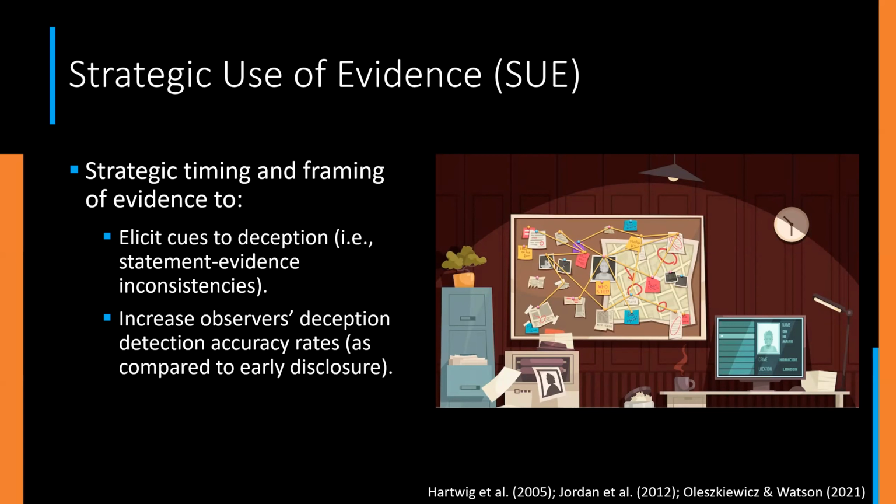So how is the interrogator disclosing evidence to the interviewee? And the idea of SU is to elicit cues to deception, and specifically statement evidence inconsistencies. So interviewee statements that are not consistent with the evidence that the interrogator holds.